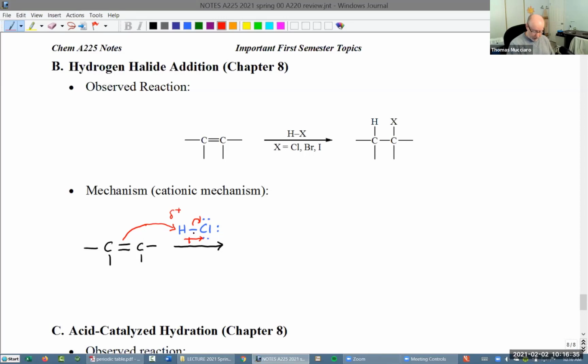The hydrogen can only have one bond, so it lets go of the bond on the other side. So that pair of electrons has to go somewhere. It goes onto the chlorine. So we get this. That's a carbocation.